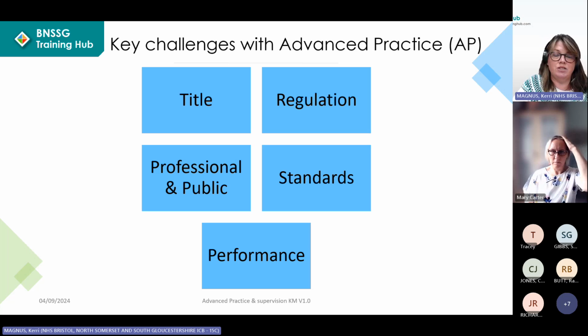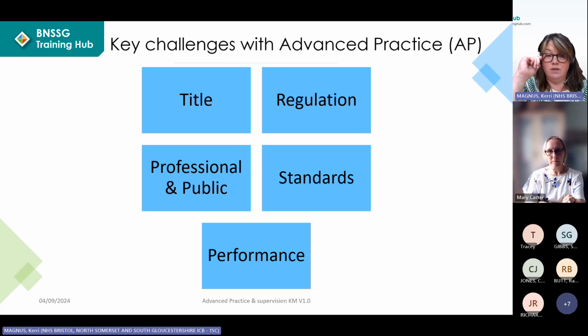Some of the key challenges with advanced practice that we all know since the 1970s have been these 5 areas.